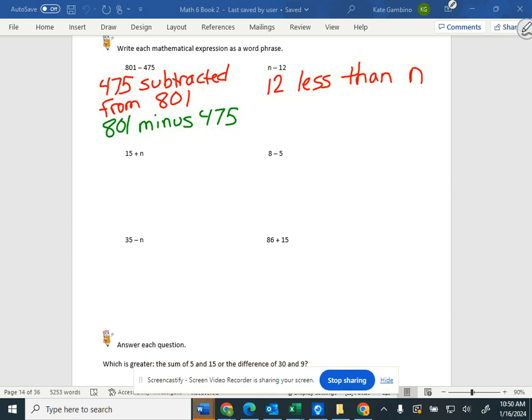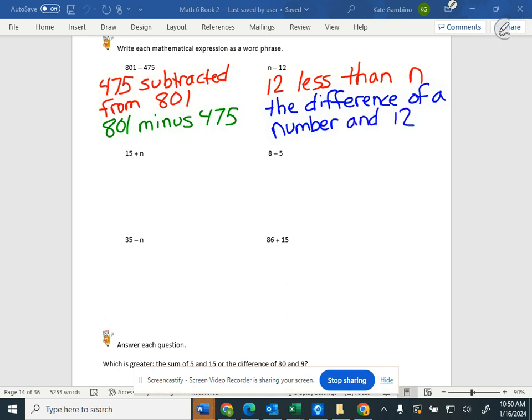Jimena? The difference of the number and 12. The difference of a number and 12. And actually up here, I shouldn't say n, I should say number.